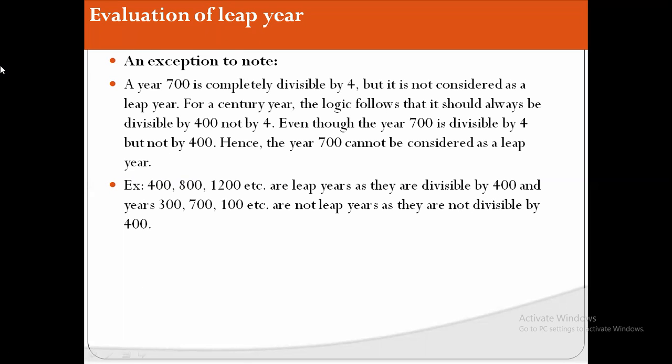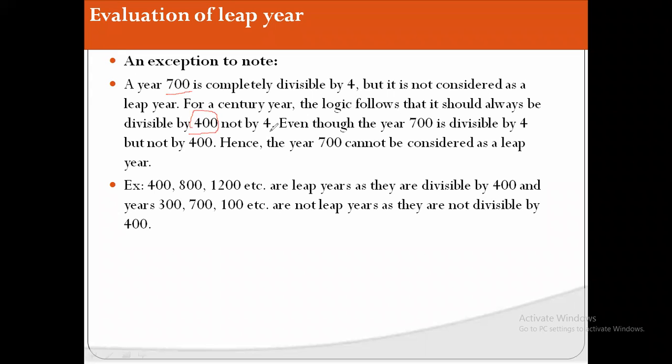But there are some exceptional cases for this. Let us say 700 is completely divisible by 4, but it is not considered a leap year. For a century year, the logic is that it should be divisible by 400.